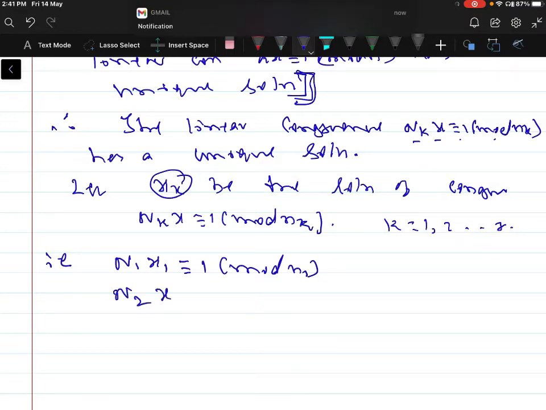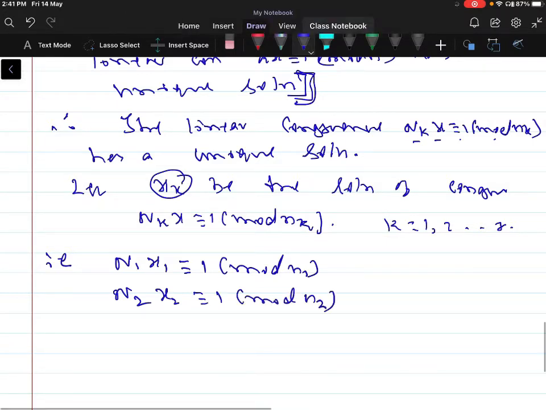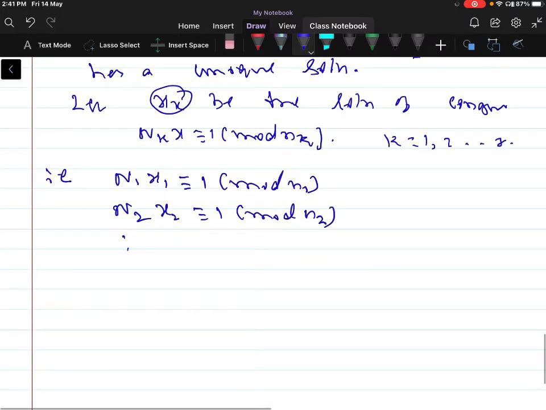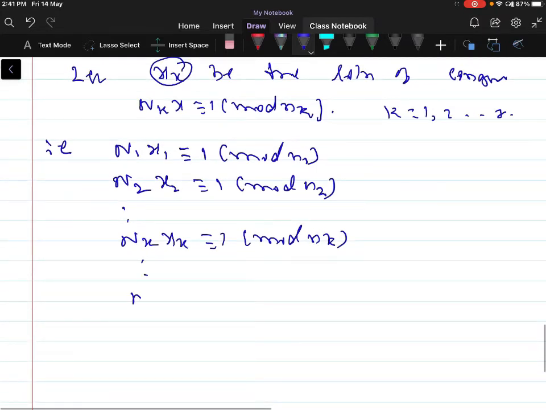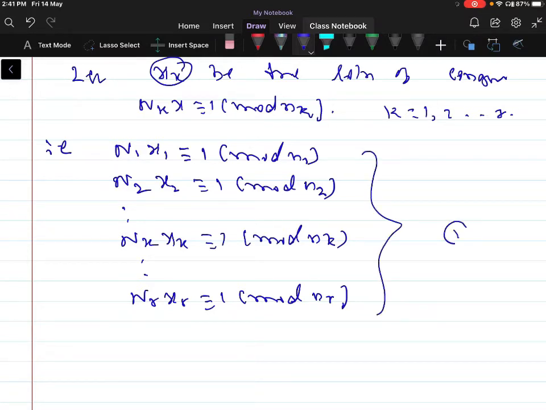Capital N2 into x2 is congruent to 1 modulo n2 and so on. Capital Nk into xk is congruent to 1 modulo nk and so on. Capital Nr into xr is congruent to 1 modulo nr. Let us call this equation number 1.